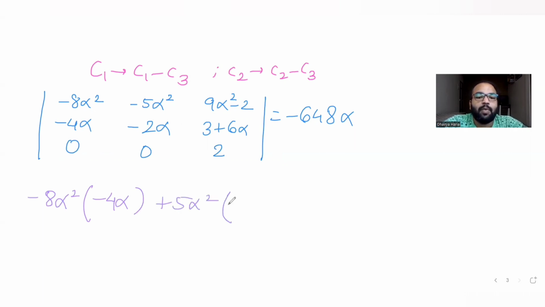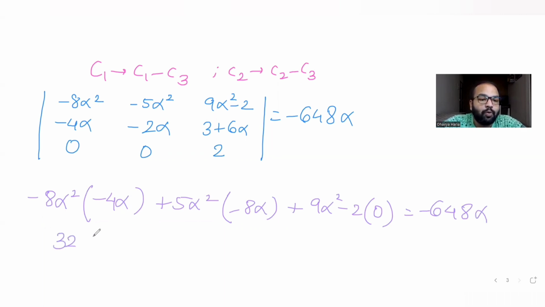This is equal to minus 8 alpha and this becomes 0. And further plus 9 alpha square minus 2 is multiplied with 0 because 0 minus 0 is equal to minus 648. So further what I get here is minus minus, so 32 alpha cube and this becomes minus 40 alpha cube is equal to minus 648 alpha. So that gives you minus 8 alpha cube is equal to minus 648 alpha.